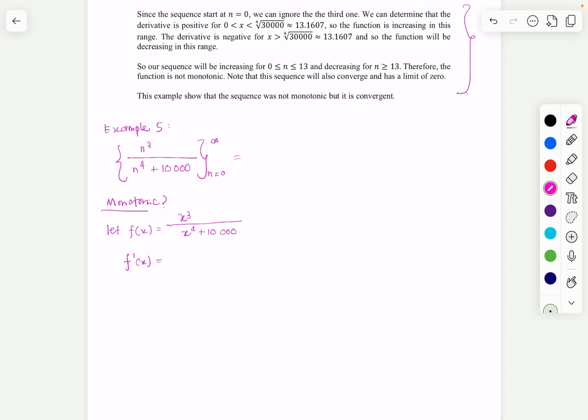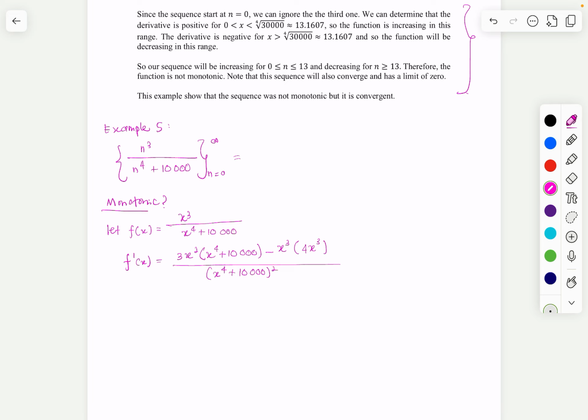We differentiate x cubed, multiplied by the denominator, so you have 3x squared times x to the power 4 plus 10,000, minus x cubed multiplied by the derivative of x to the power 4 plus 10,000, which is 4x cubed, divided by x to the power 4 plus 10,000 squared. Don't forget to square.